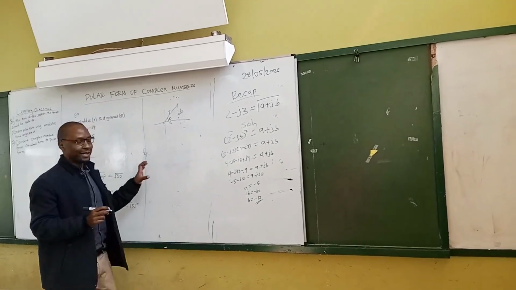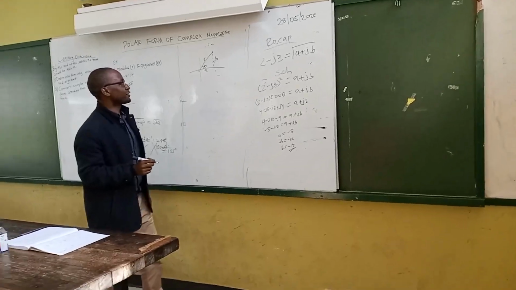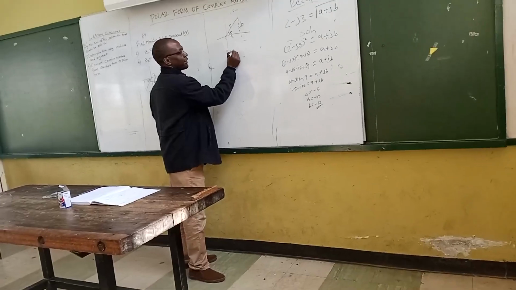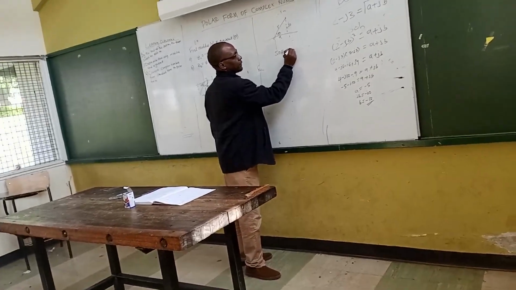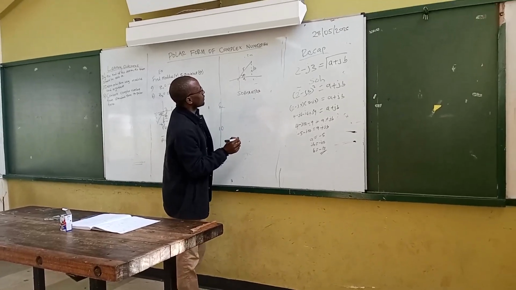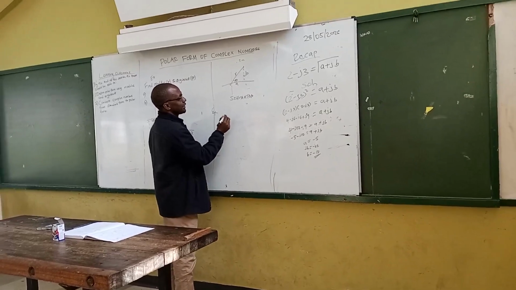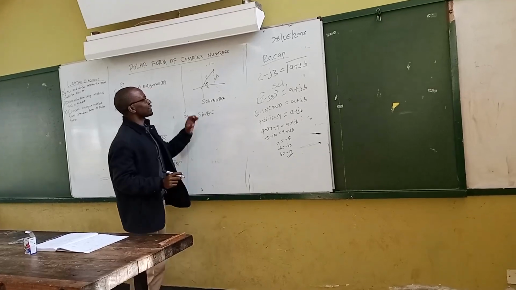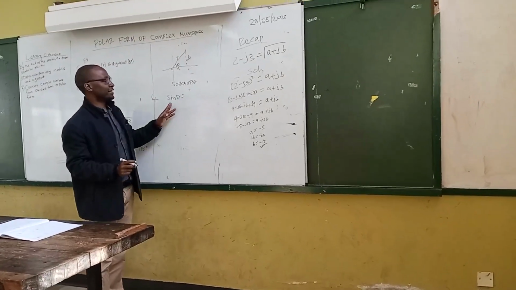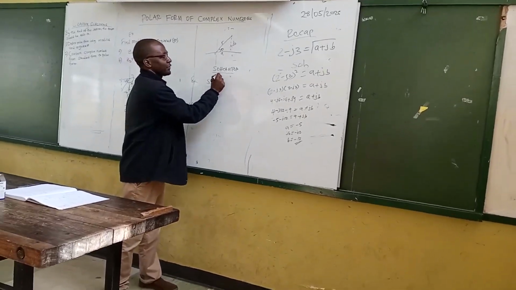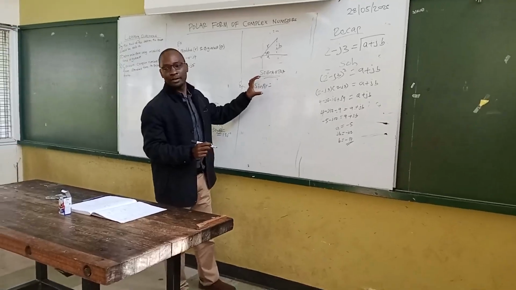So from this Argand diagram, if we were to find the value of A using the SOH CAH TOA method, we can say sine theta is given by opposite over hypotenuse.